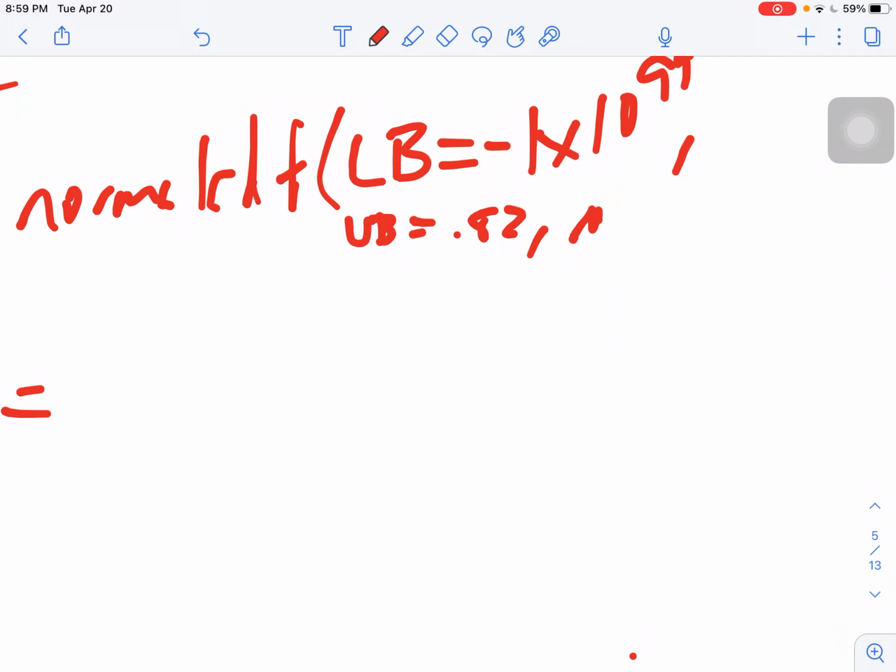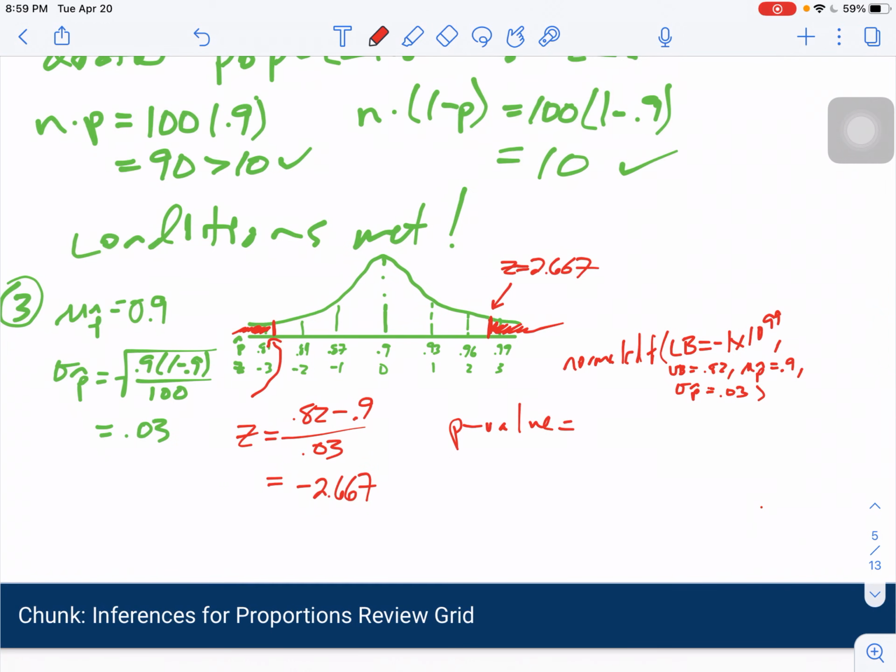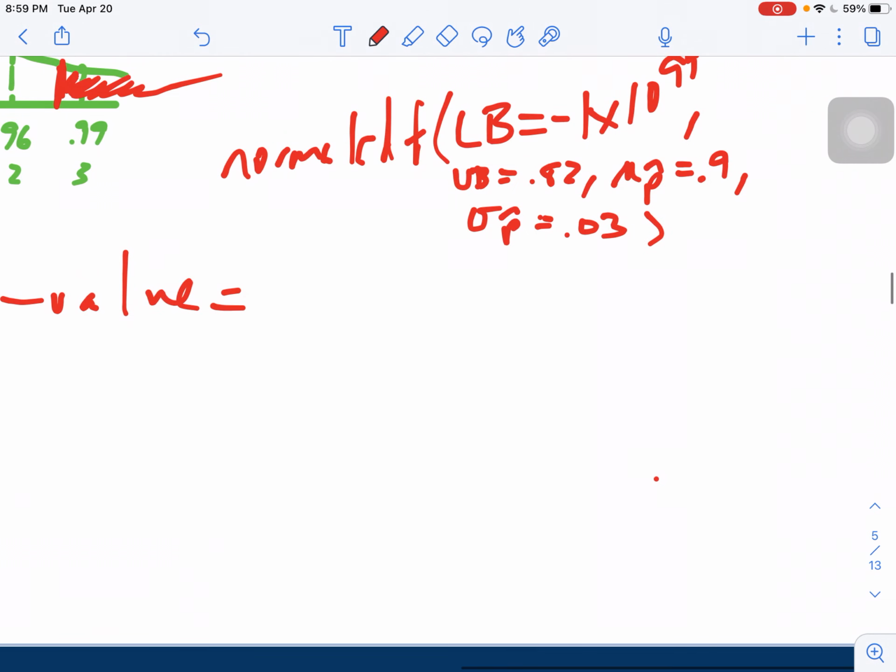My mean, mu sub p hat, is 0.9. And my standard deviation is 0.03. All right, so I'm going to put all of that into normal CDF on my calculator. And what I'm going to get is 0.00383. So that was normal CDF.